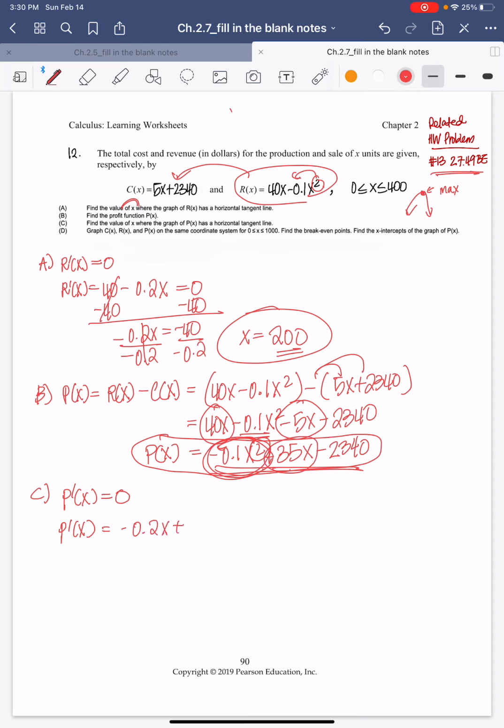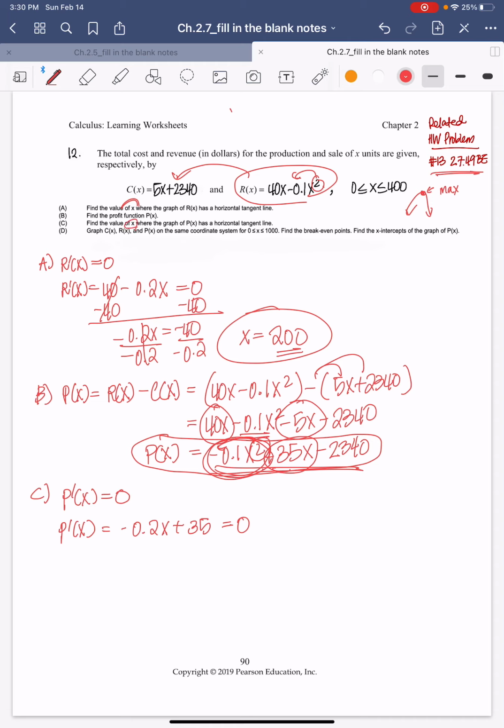This part is plus 35. Last term is just 0, because it's constant. Okay, so I have to set that equal to 0 and then find out the x value.